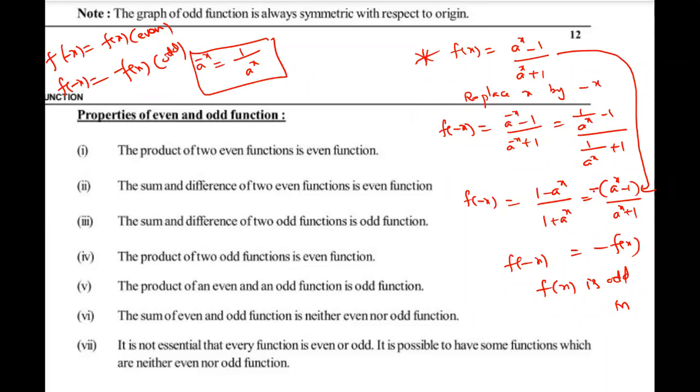Okay, no? In the numerator take minus as a common factor: (a power x minus 1) by (a power x plus 1). What is the value of that one? f of x is given. So f of minus x is equal to minus f of x means what? It is the odd function definition. See carefully.